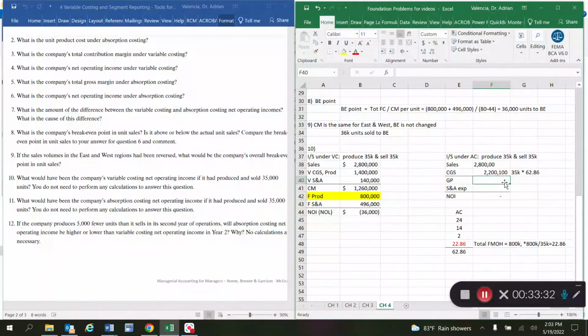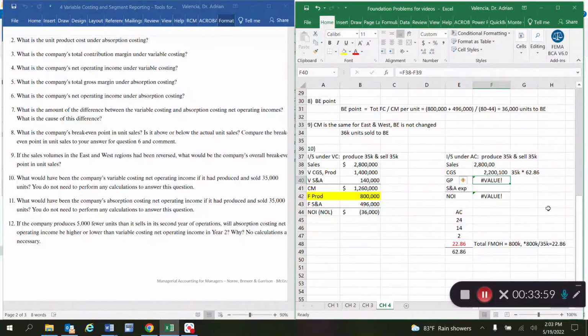And if you have been understanding more or less what's going on, you'll know that the number we're going to get right here is a negative $36,000, right? Because of the fact that if I produce 35,000 and I sell 35,000, the whole $800,000 of fixed production cost will be expensed right here. So let's verify that.